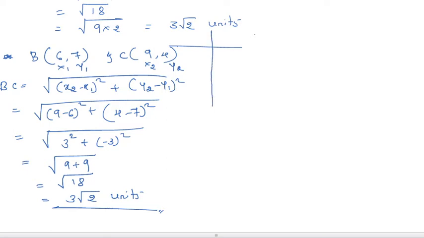Now, we have AB and BC, now CD. The coordinates of C are (9, 4) and the coordinates of D are (6, 1).